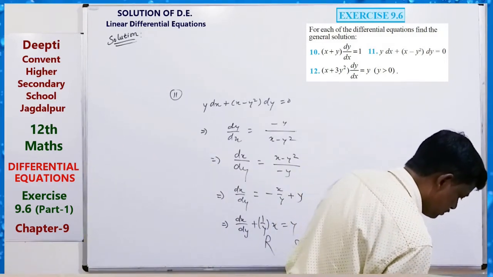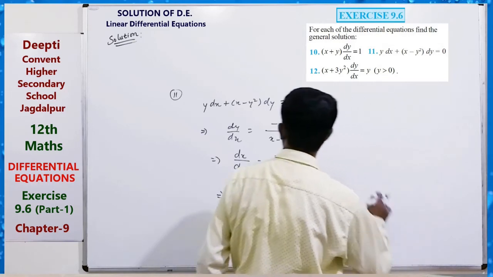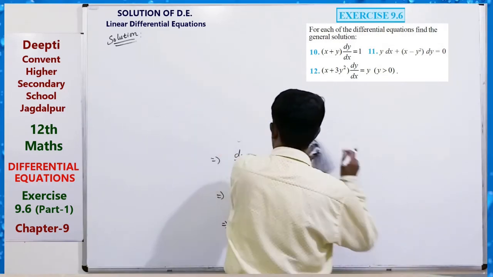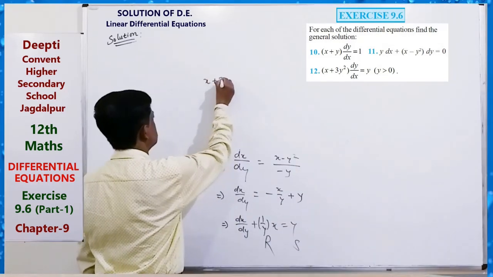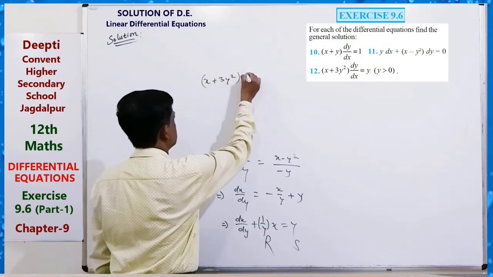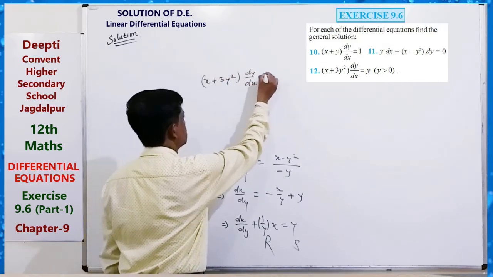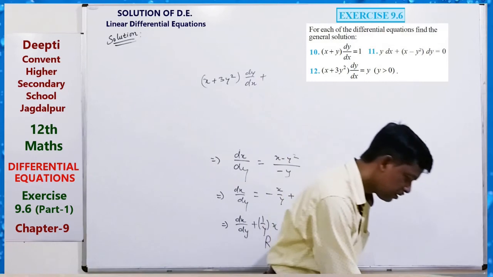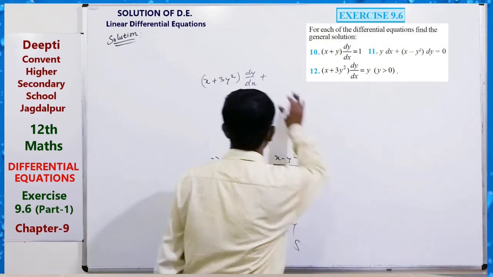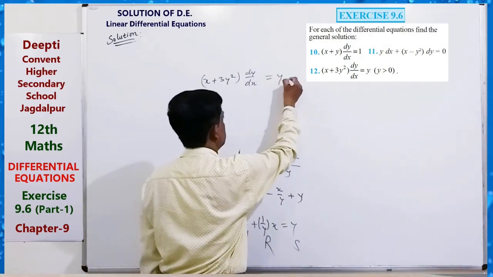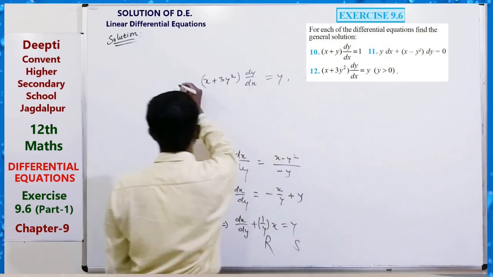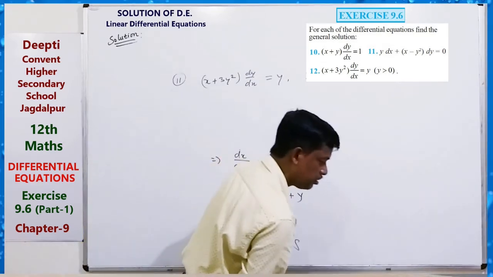Similarly, question 12: (x plus 3y square) dy by dx equals y, and y is greater than 0.